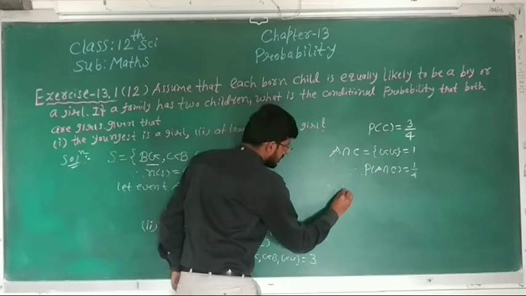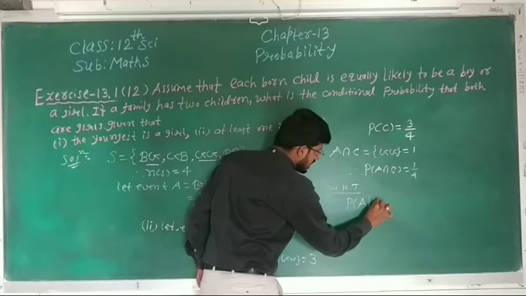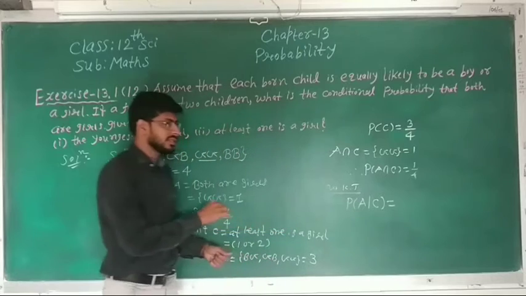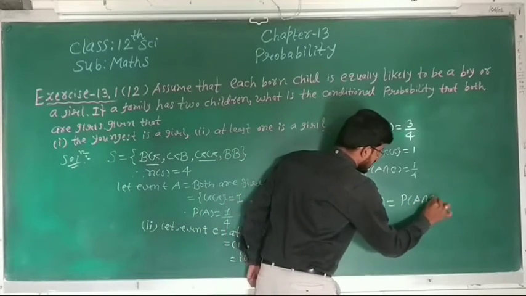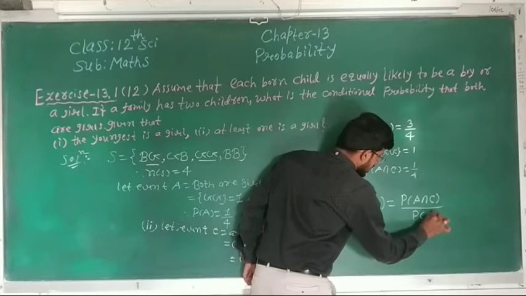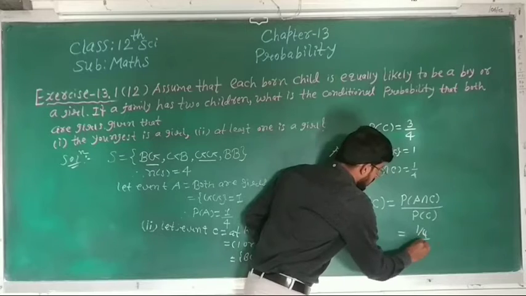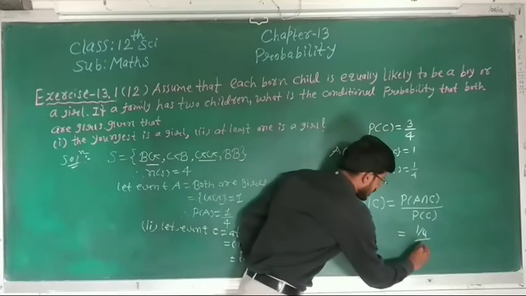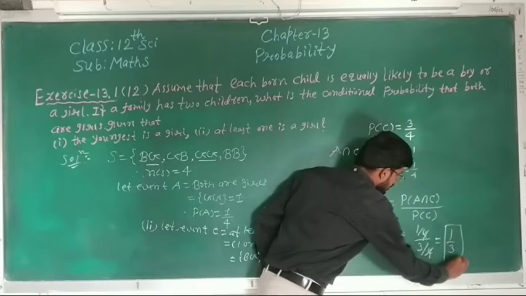So we know that P of A given C is P of A intersection C upon P of C. A intersection C is 1 by 4, upon P of C, which is 3 by 4. So here 4 cancels out, and we get 1 by 3.